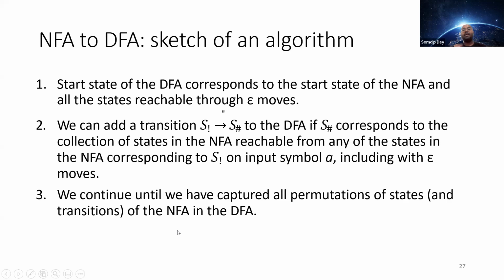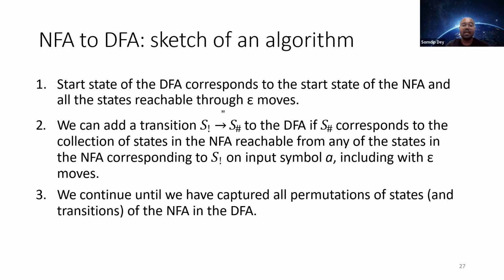So the basic algorithm in order to convert NFA to DFA: you have the start state of the DFA corresponding to the start state of the NFA, and all the states reachable through epsilon moves.